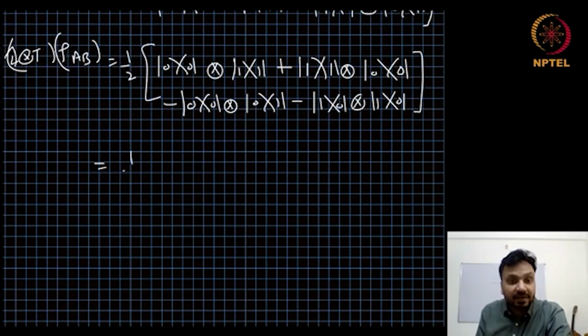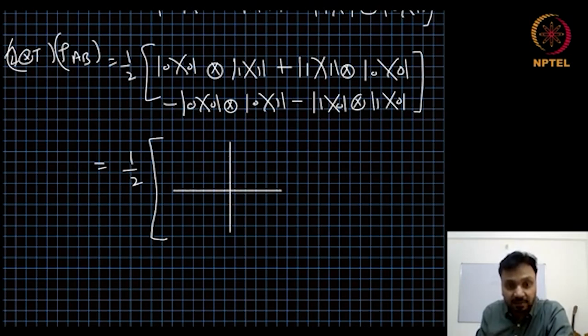Now we can write it, and this can be a decent exercise problem, that this matrix will look like the following. I'm just putting the grid: this is minus 1, and this is 1, 1, all others are 0.